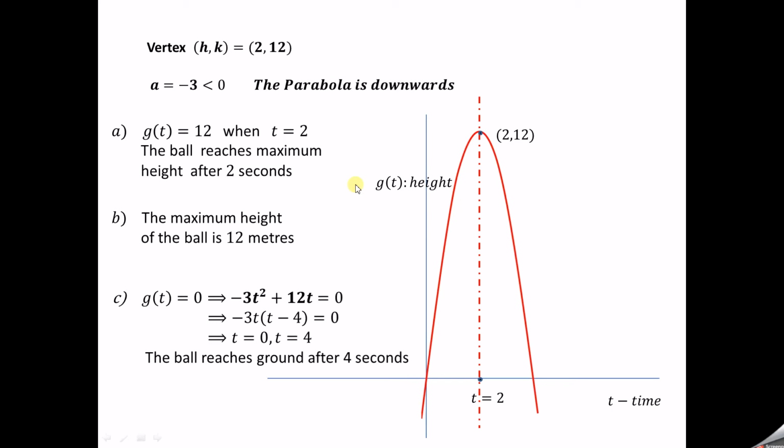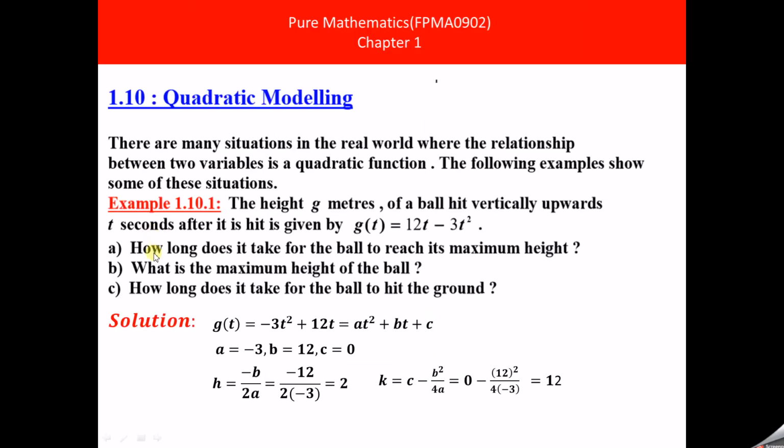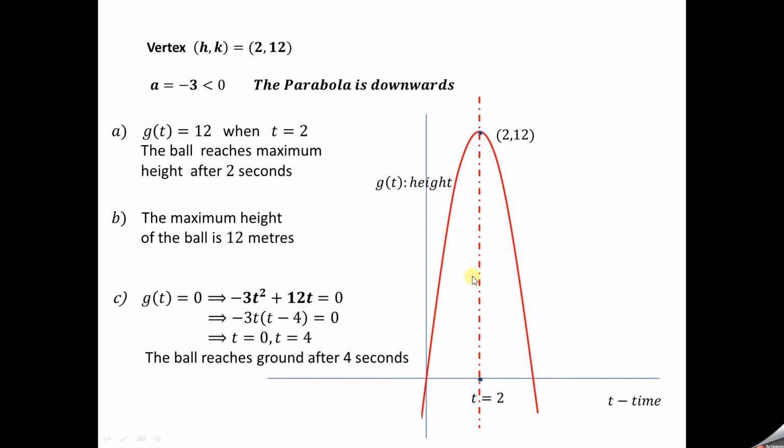Now, what are the questions we have? The first question: how long does it take for the ball to reach its maximum height? Here, this is the time t on the x-axis. Initially t is 0, because when t equal to 0, g is also 0.